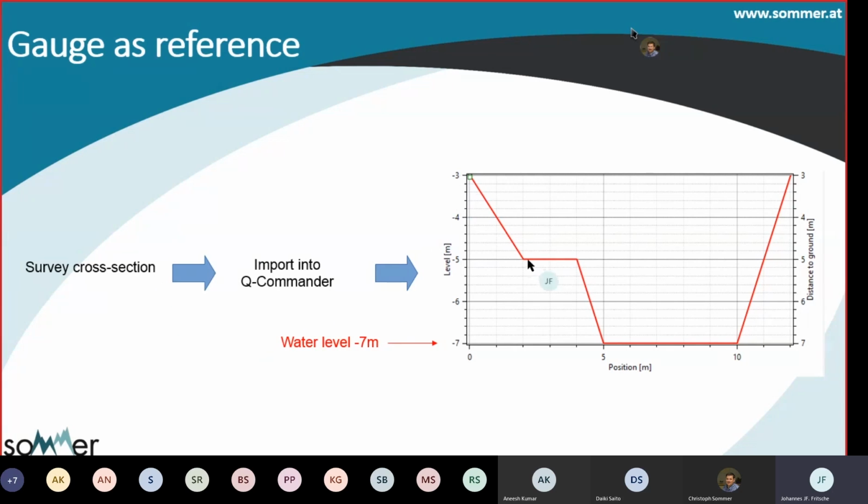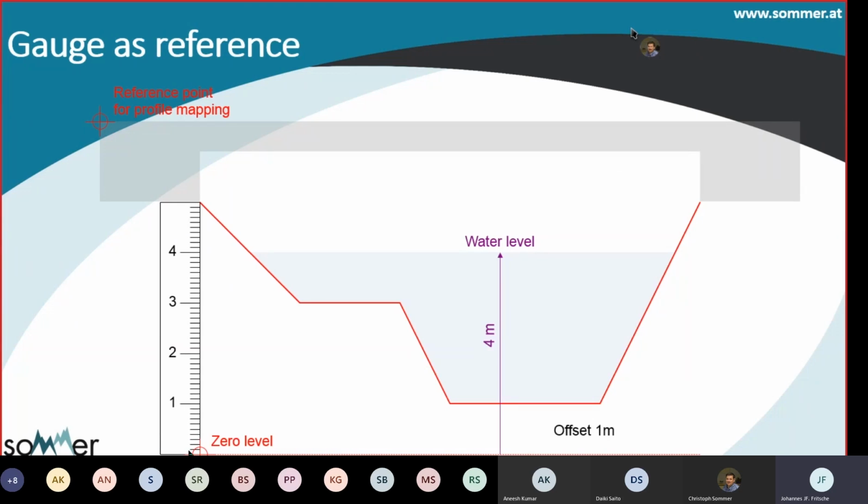So we again get the cross-sectional profile in our Q Commander software as we did before, and as before, we see on the left side the water level is negative, with -7 meters is the bottom point of our cross-sectional profile. And we have said that our 0 point of the gauge plate is 1 meter below our deepest water.